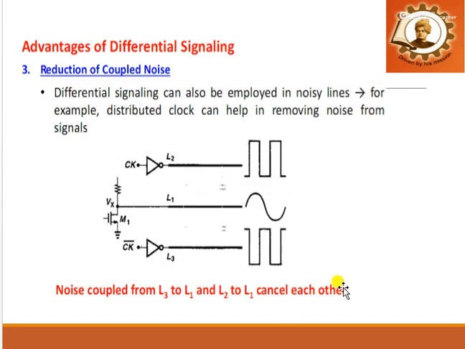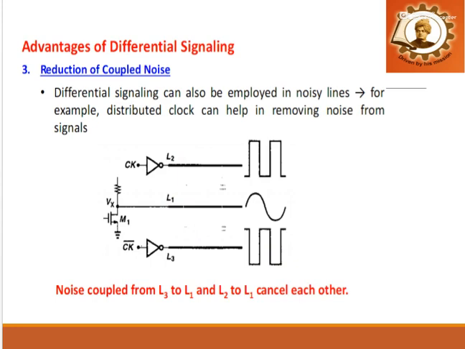Next advantage of our differential signaling is the reduction of coupled noise. From this figure we have three lines, L1, L2 and L3. So the differential signal can also be employed in a noisy line. For this example, the distributed clock can help in removing the noise from the signal. So the noise coupled from L3 to L1 and L2 to L1 will cancel out each other because these clocks are in opposite polarity.